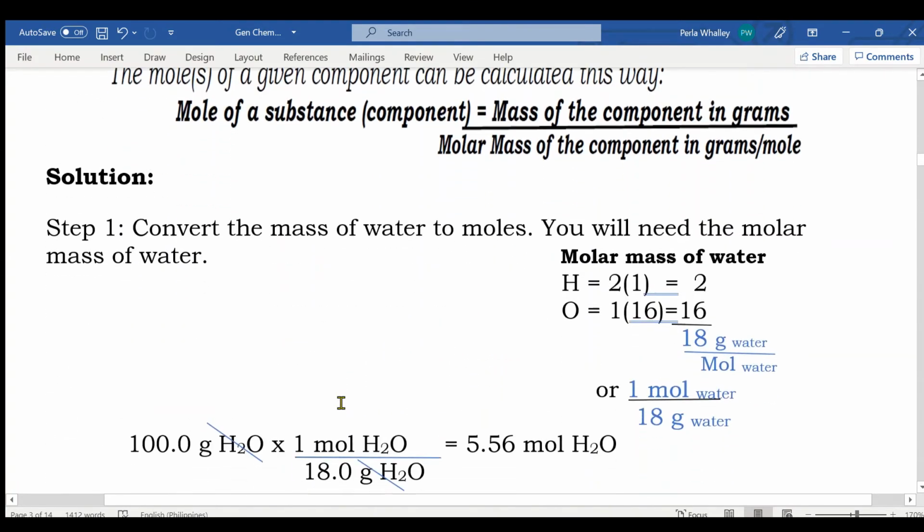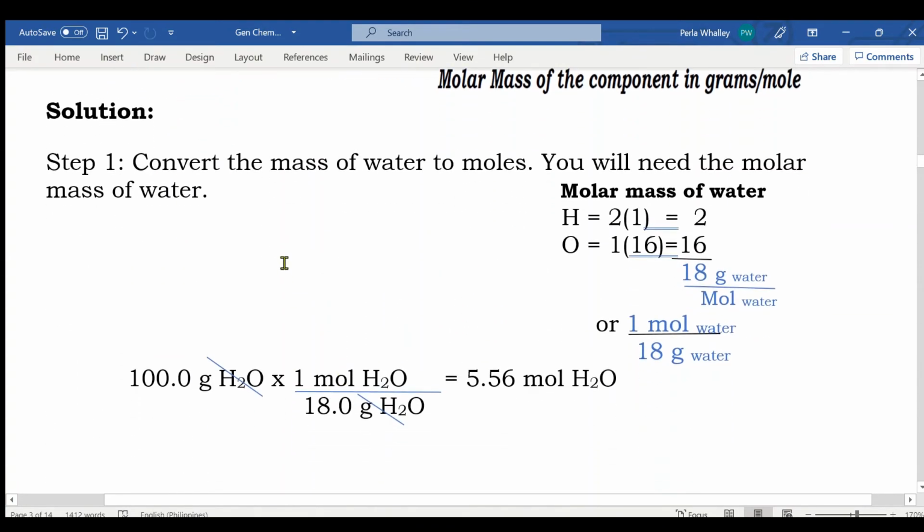Solution. Convert the mass of water to moles. You will need the molar mass of water. Again, the molar mass of water is the same as what we solved earlier. So that would be 18 grams water per mole of water, or 1 mole of water is equal to 18 grams of water.